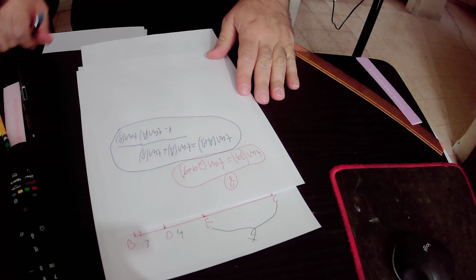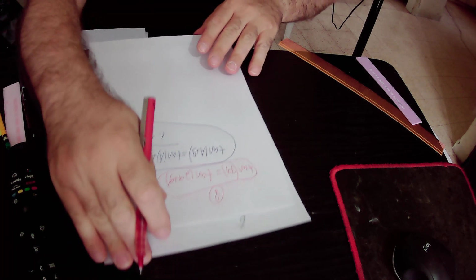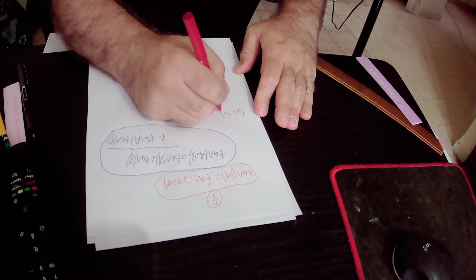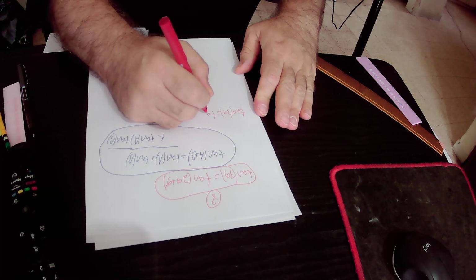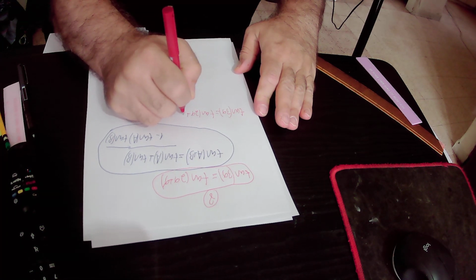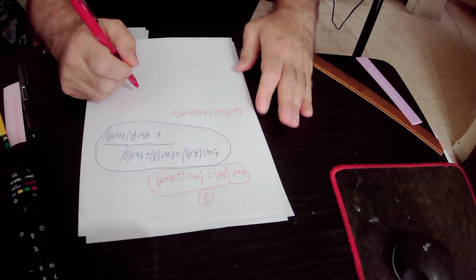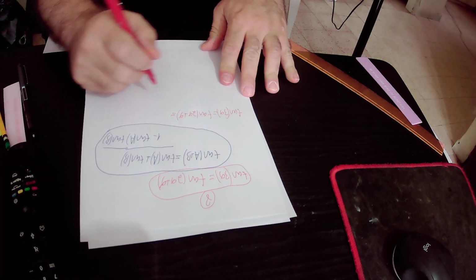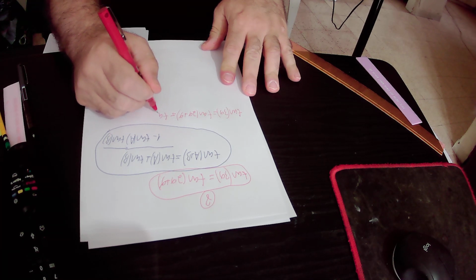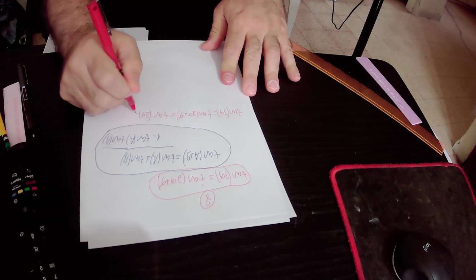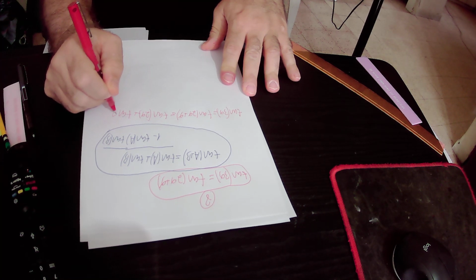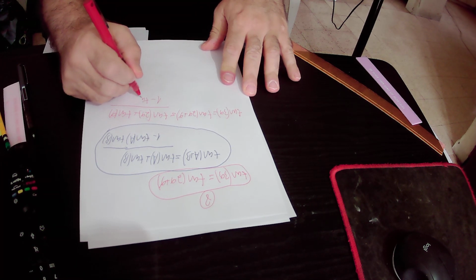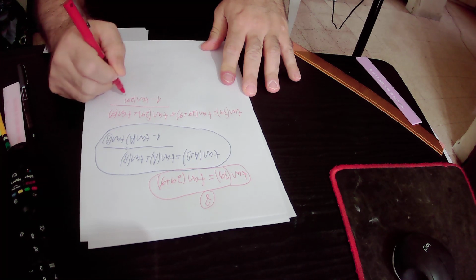So we will actually have here tangent 3 alpha equals tangent of 2 alpha plus alpha, and the value of tangent of 2 alpha plus alpha according to this trigonometric identity will be tangent 2 alpha plus tangent alpha over 1 minus tangent 2 alpha times tangent alpha.